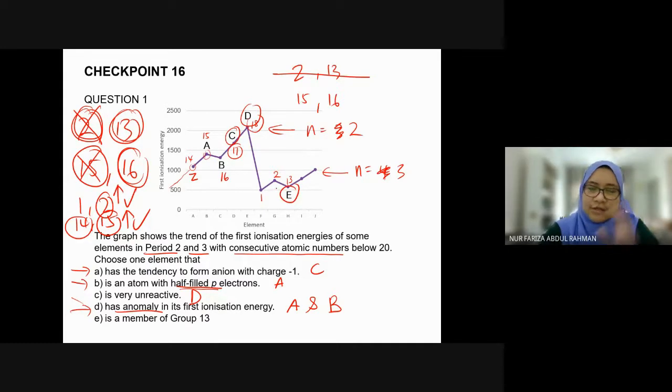So the rest will be easier once you have determined the group number of each of the elements. So ini style different element from different group. Ada style, remember yang successive ionization energy tu, they remove electron from one element.